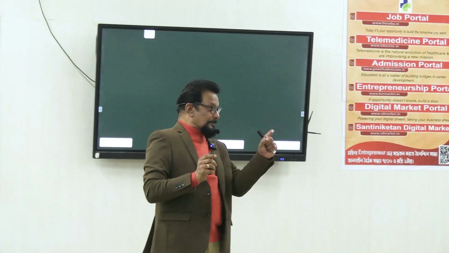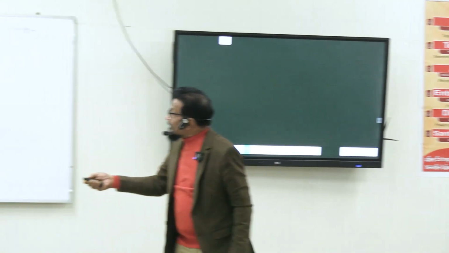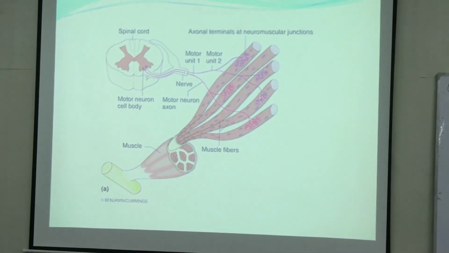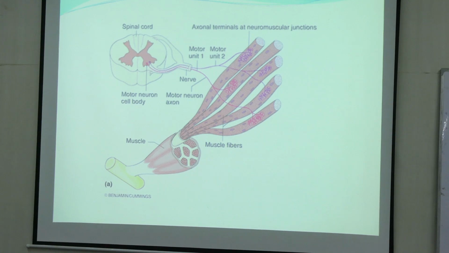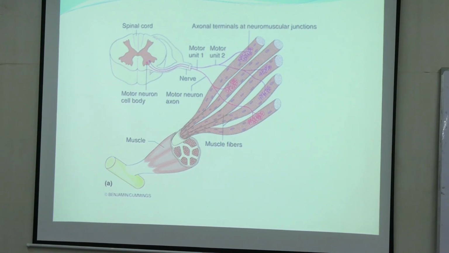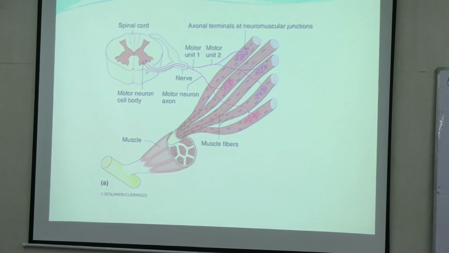Understood? Because this is the unit. Whereas if you stimulate this one, this one will be contracted. When both are stimulated, all these fibers will be stimulated. So this is the concept of motor unit.